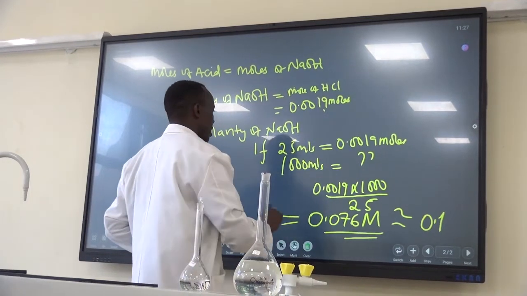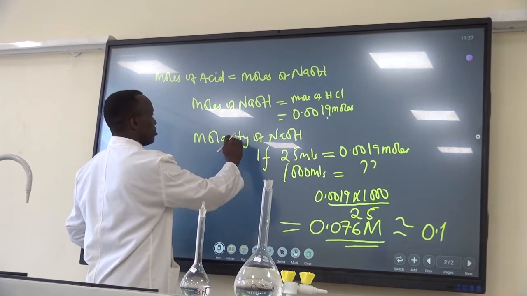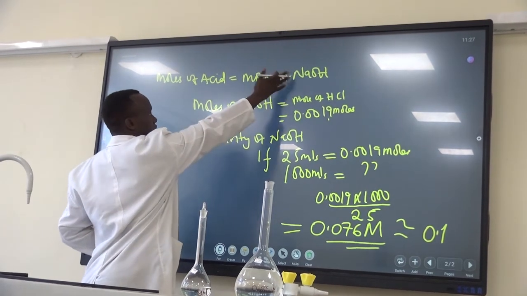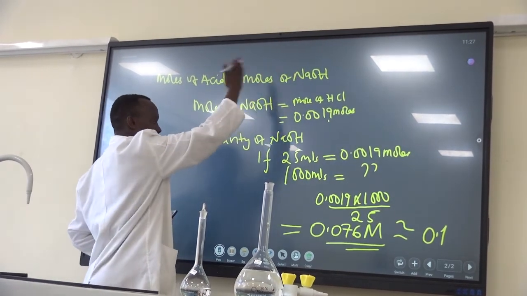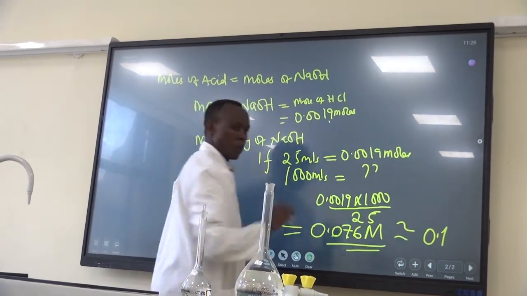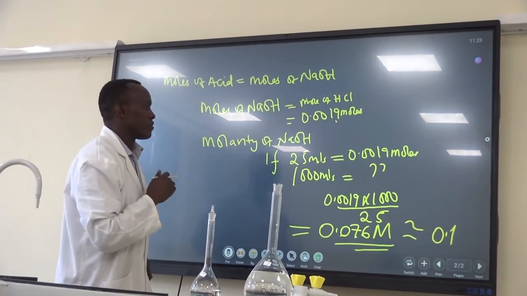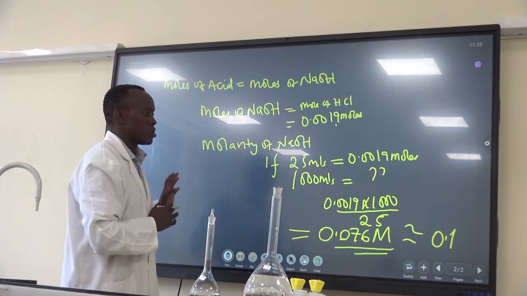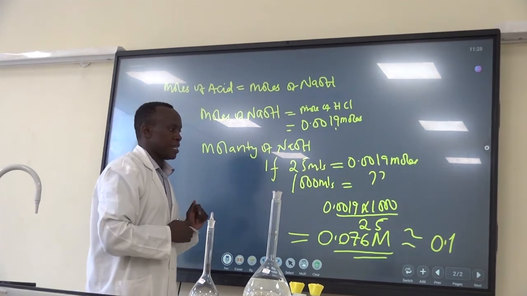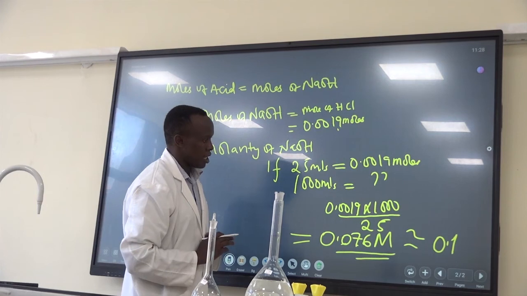So you can see that it is kind of relating to this ratio of moles of acid to moles of sodium hydroxide being 1:1. So if you round off this, you will have 0.1, which is exactly the molarity of the standard that we use, which is HCl. And that marks the end of today's presentation.